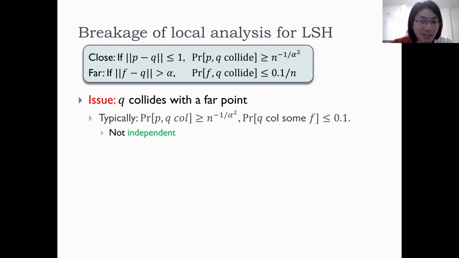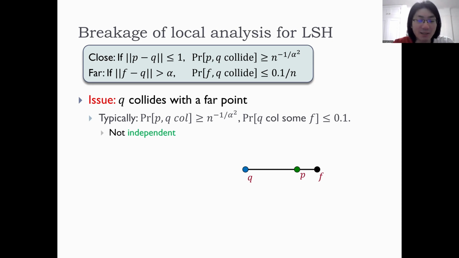So it could be that whenever Q collides with a close point P, Q also collides with a far point F. And because we are not allowed to have a shortcut, Q can never create a path to P. Here's a bad example of this dependence, where Q, P, and F lie on a line.